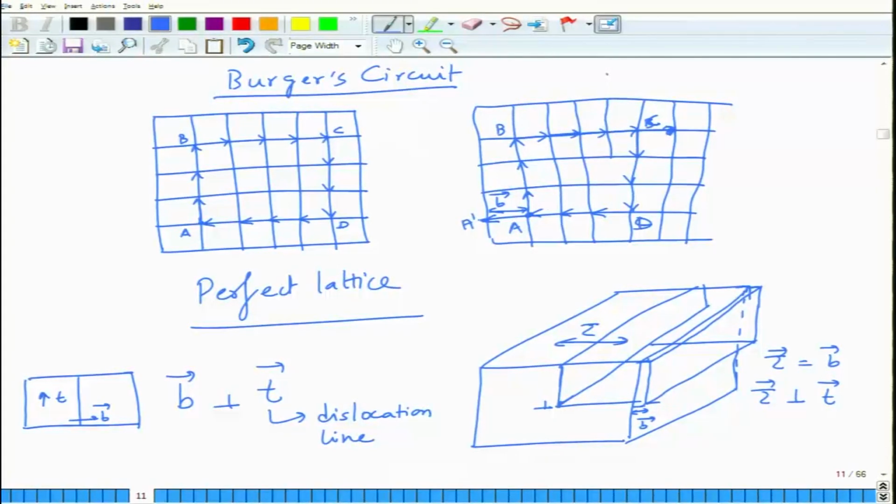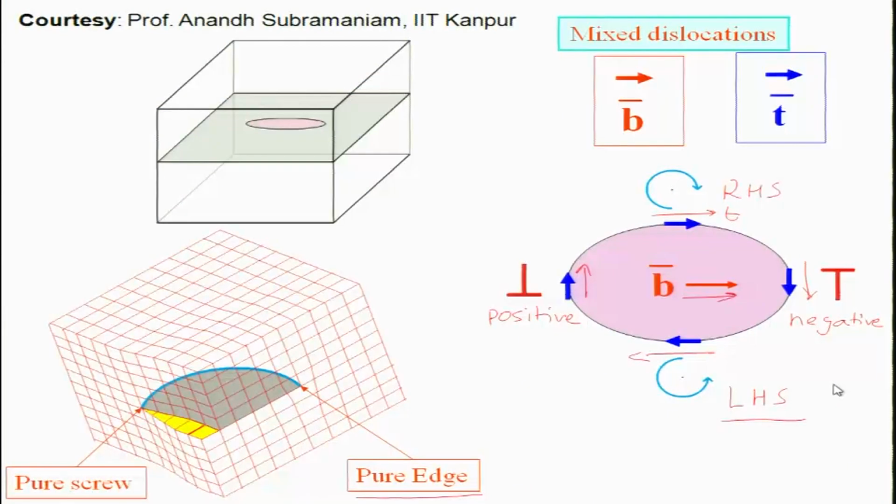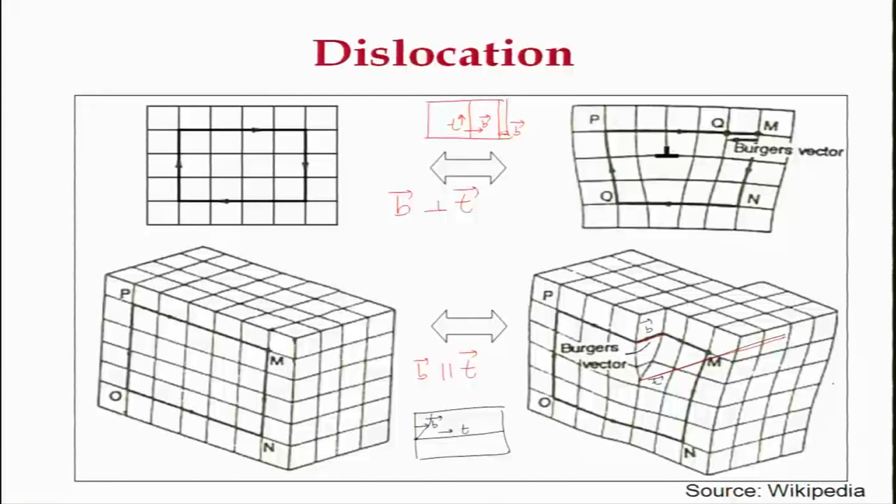If you look at the screw dislocation case, it is the other way around. In case of screw dislocation, if you want to apply the shear stress, the stress has to be applied in this direction, this is the stress axis. So stress is parallel to Burgers vector and is also perpendicular to the dislocation line.